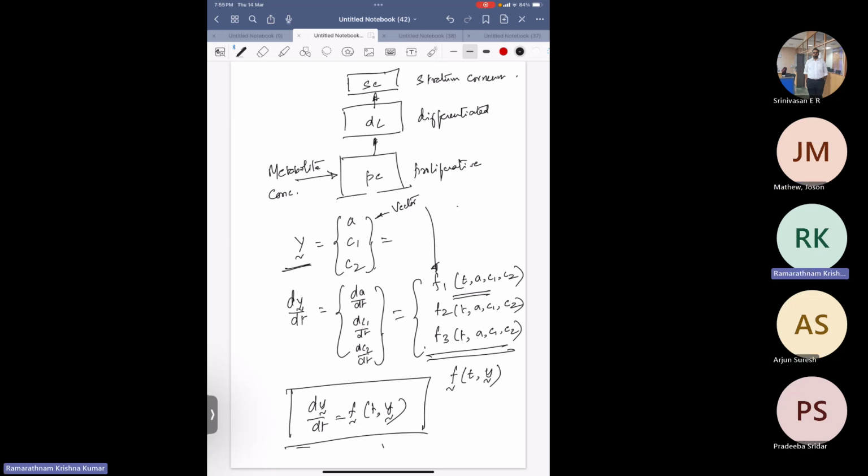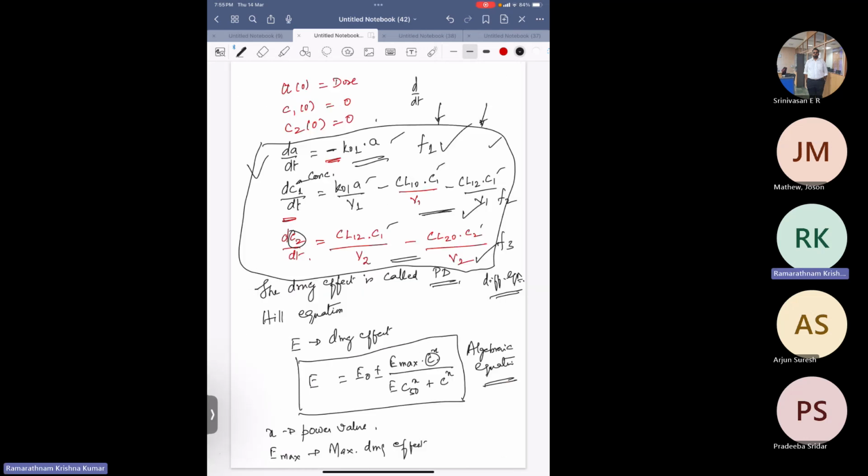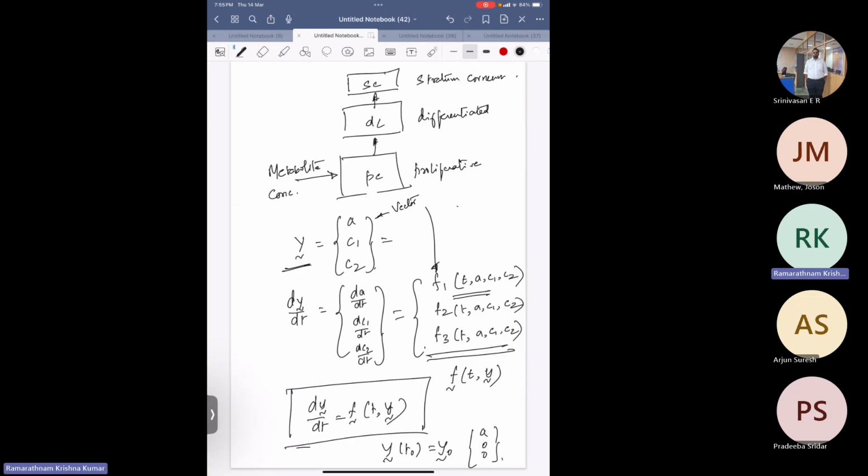Where y of t naught, at t equal to 0, is y naught. What was y naught? You remember, it was A0, C1 0, C2 0. This is what we saw somewhere here, the initial condition. So you learned a very important concept called expressing it as a vector.